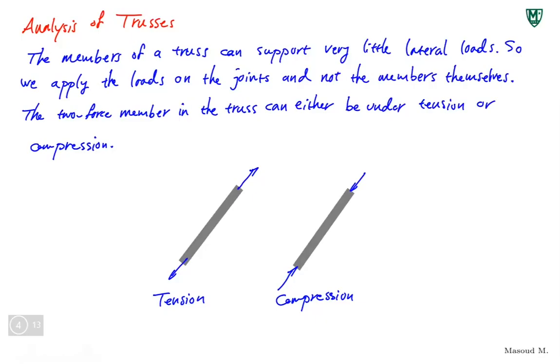Every member can either be under tension or compression, and the resultant load applied at each side of this member should eventually be in the same direction. Mainly we just decompose them, find the components in x and y directions. But at the end, when you find the vectors at each end, they should be aligned and they should have the same magnitude, because each member is in equilibrium state.